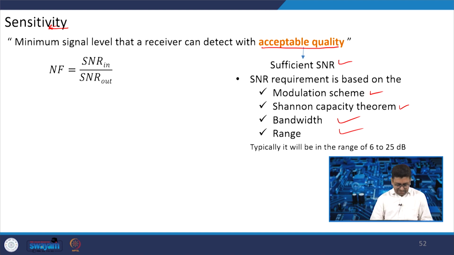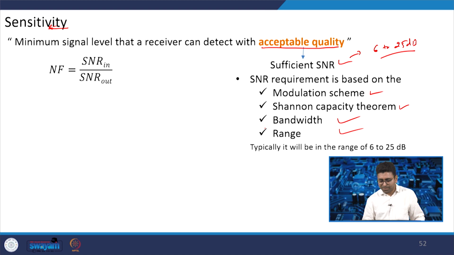Typically the SNR will range from 6 to 25 dB. It depends on the requirements of the next stage, the ADC, and the baseband modulation that you have used. So all this depends on the SNR. Now we try to find the equation for sensitivity. Can I write the SNR in as P signal by PRS?